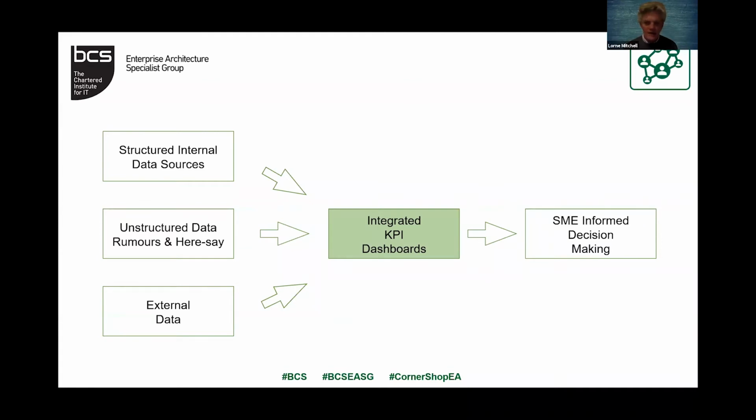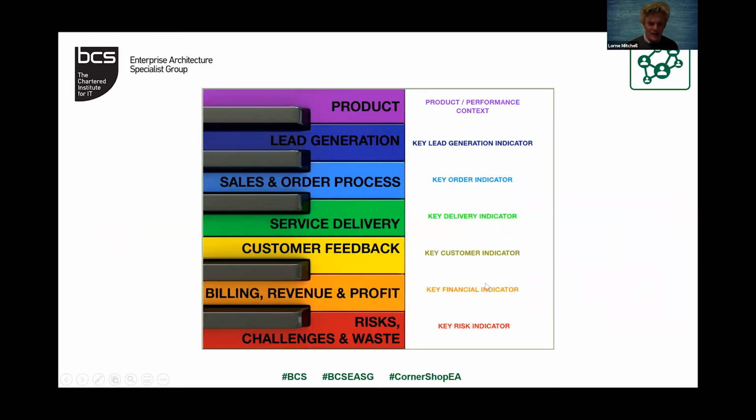And as icing on the cake, I'm going to show you part of my system, which is called KPIs in color. So, the next slide for that integrated dashboard. I go in and I color, and I've put a piano keyboard here because I love music as well. I have different colors for different parts of the organization.